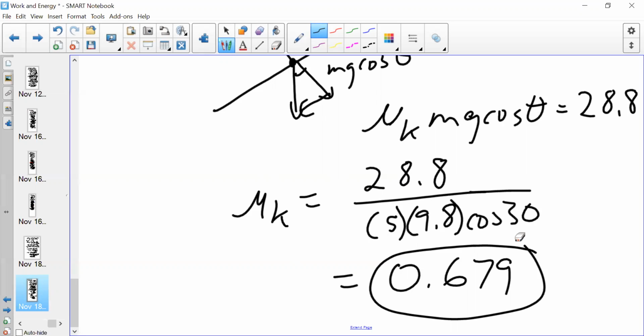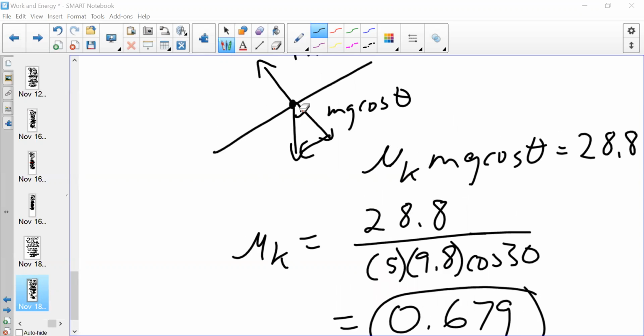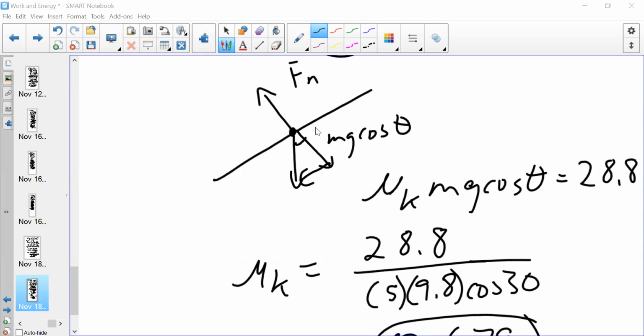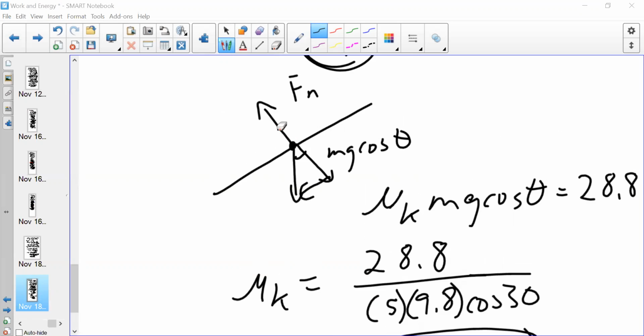Okay, mg sine, it would be cosine because of the free body diagram here. Normal force, mg cos. Oh, it should be negative.